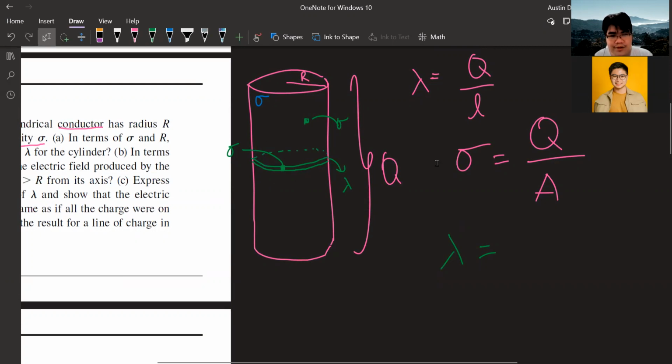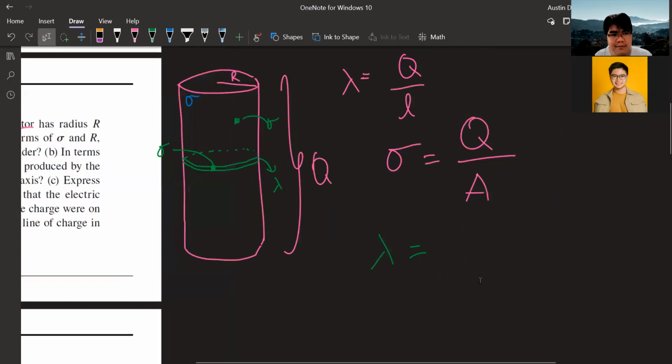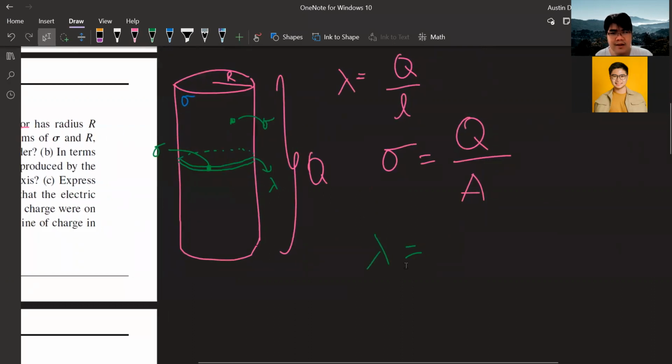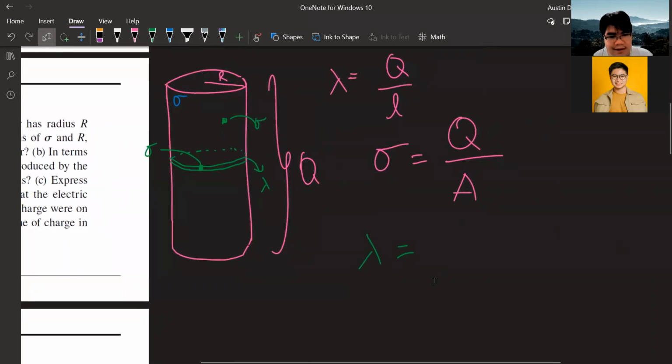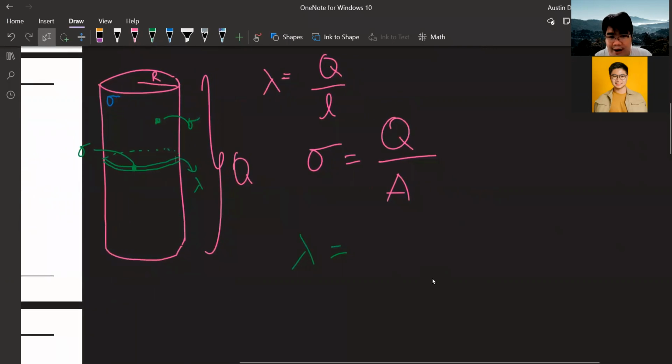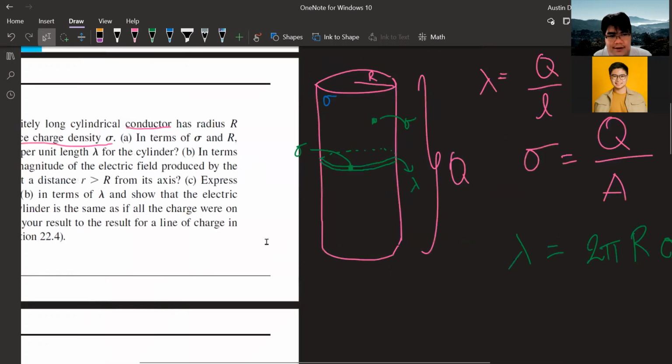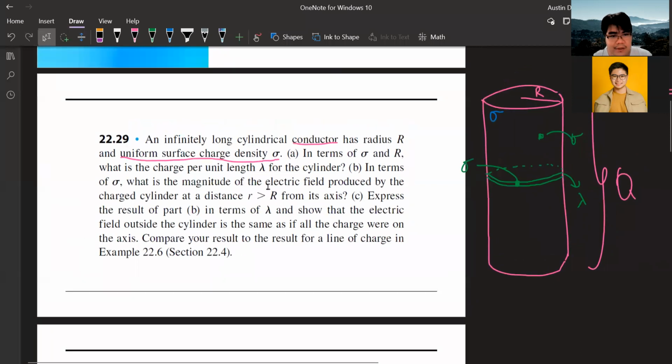So kung bubuuin ko si sigma, I would just multiply it by the circumference. 2 pi r ang circumference, tama. 2 pi r, then times sigma. So this is my lambda in terms of sigma and r. Okay, so we're done with A.